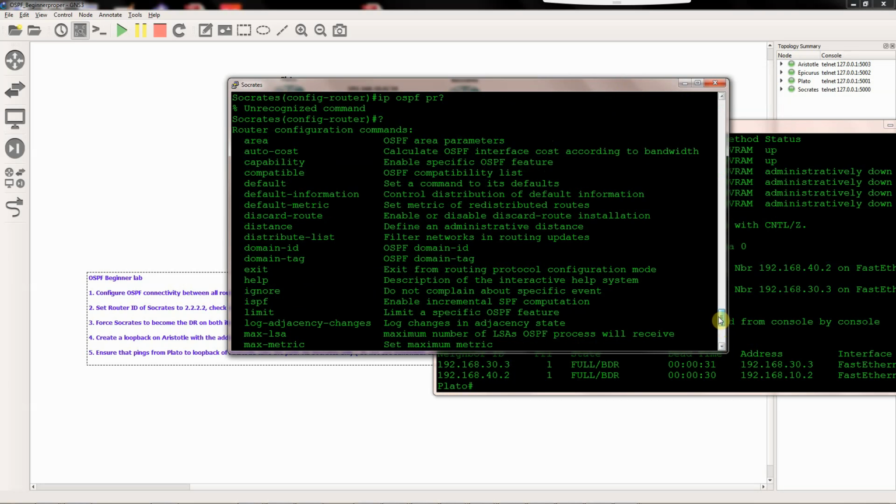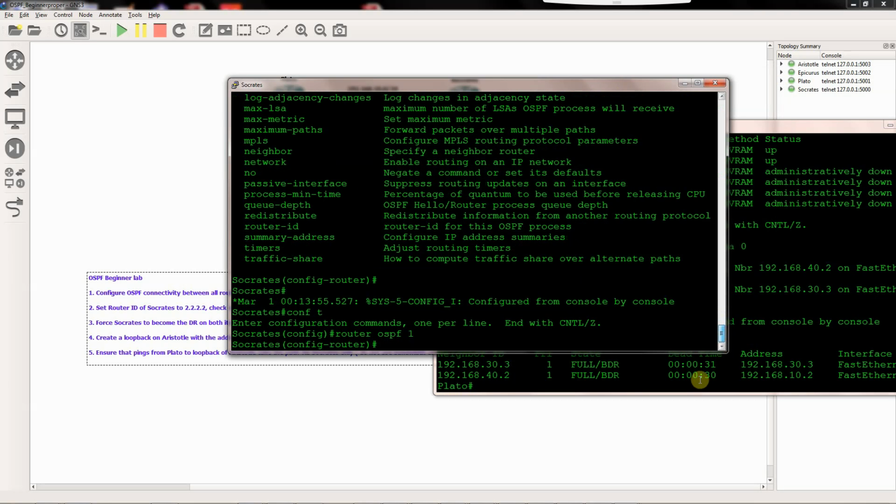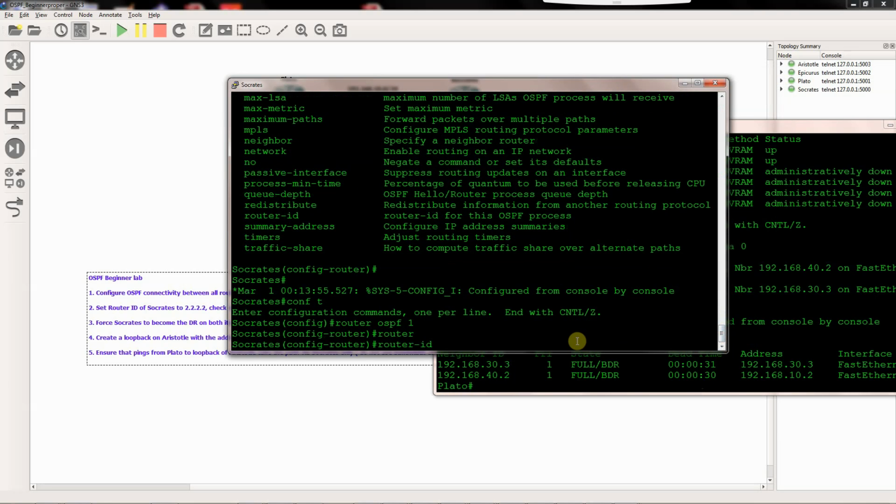Okay, so basically we're going to choose router ID, and then you can name it.